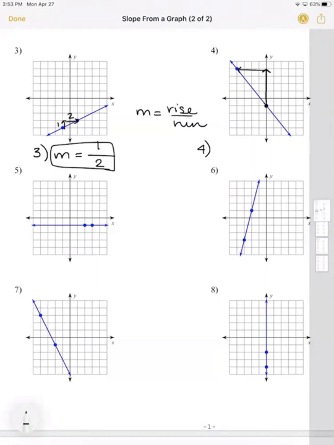Let's rise up 1, 2, 3, 4, 5 units, and we're going to run 1, 2, 3, 4 units over, but we're running to the left, and so it's negative. Remember, on your grid, the negative numbers go to the left of the origin. So think of going to the left as a negative move, -4.